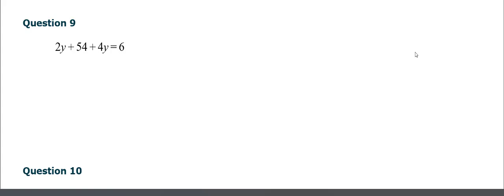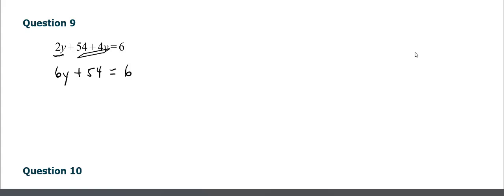So on the left-hand side, I have like terms of 2y and positive 4y. So 2y plus 4y gives me 6y plus 54 equals 6. So there's nothing else I can do as far as combining like terms on the left-hand side. There's nothing I can do on the right-hand side, so this is where you isolate your variable.